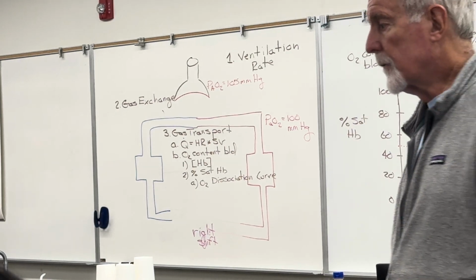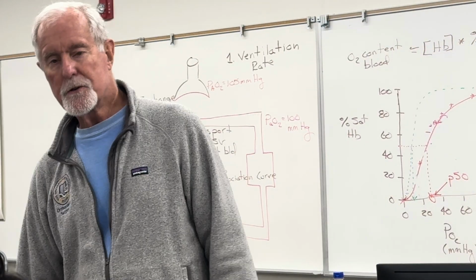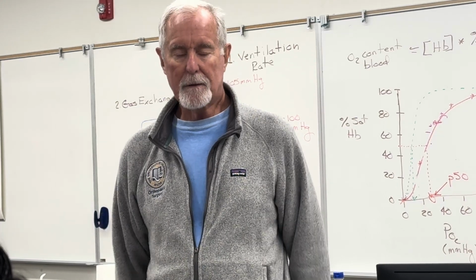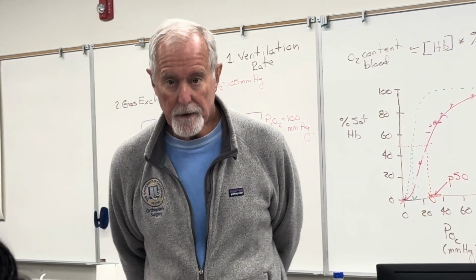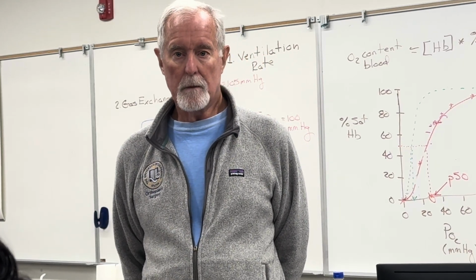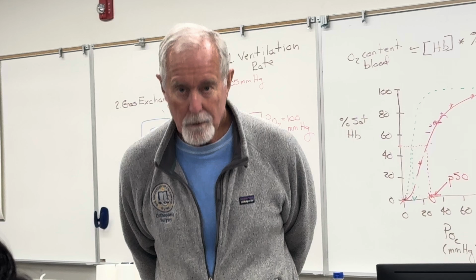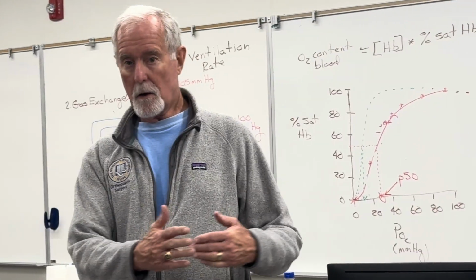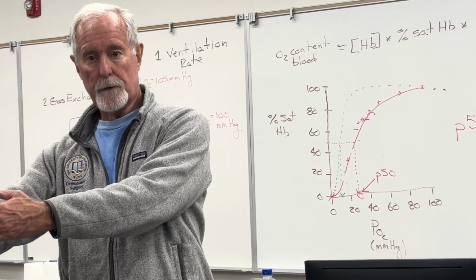Yeah, and so the answer is that chronically, we don't change the properties of hemoglobin, so we wouldn't expect the P50 to be different in, say, an endurance athlete. But acutely for you, for me, for the endurance athlete, if we get on a treadmill and we start running, at the tissue level, our curve is shifting to the right.